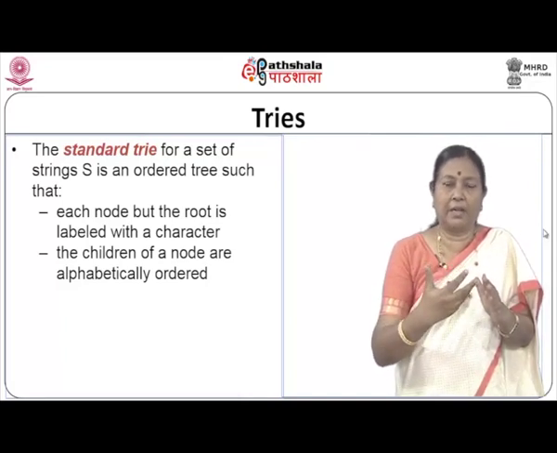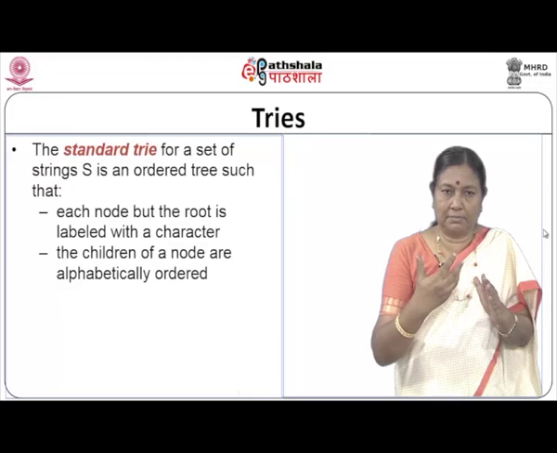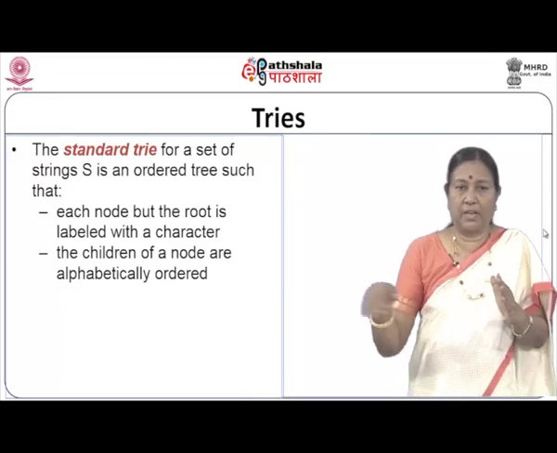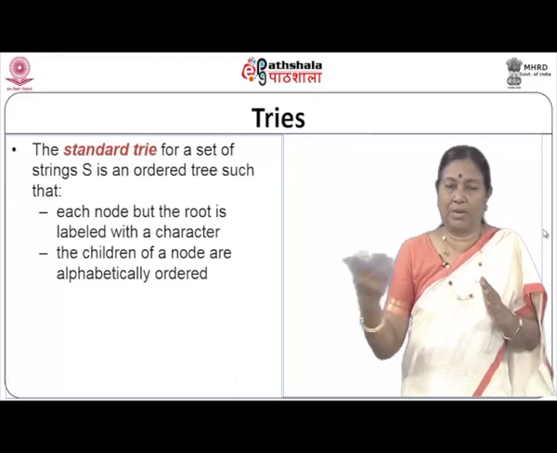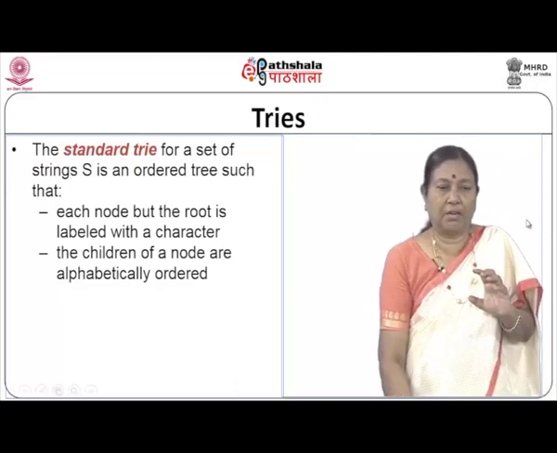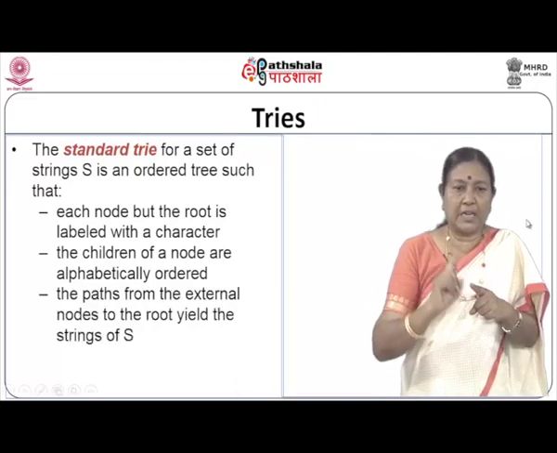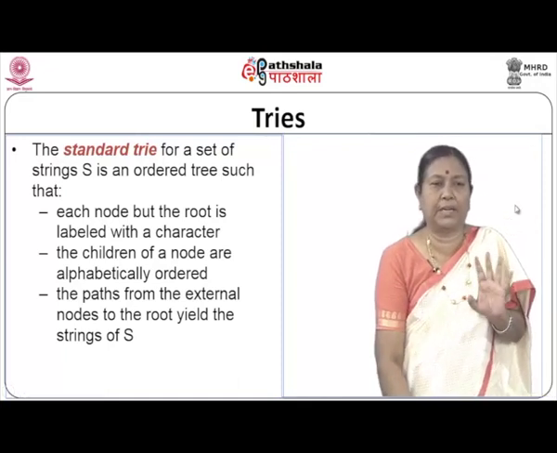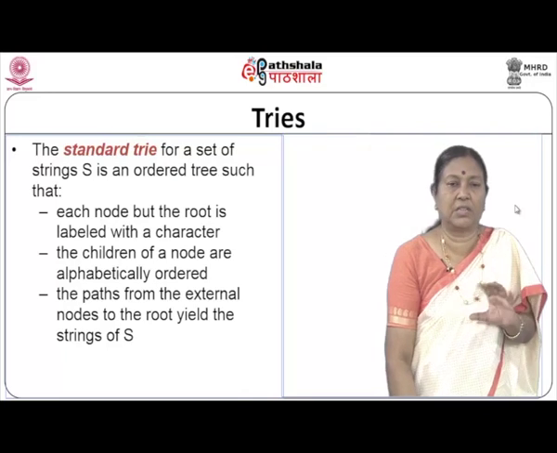Suppose you have the characters of the alphabet, it will be in the order of A to Z, or 0 to 9 or whatever. So, it is alphabetically ordered. The paths from the external nodes to the root yield the strings of S, all the strings of that particular set.